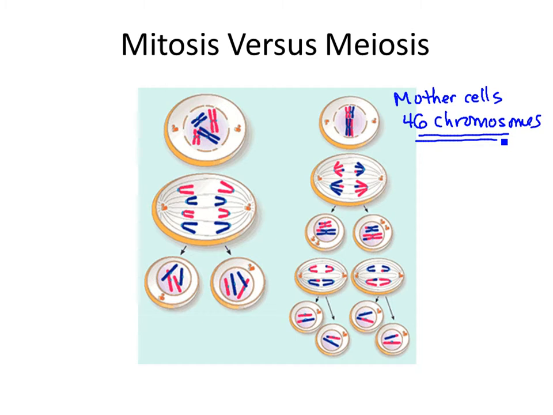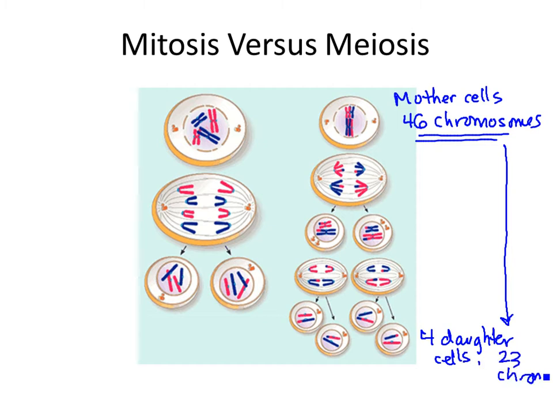And you're going to end up with, there's 2 phases, but at the very end of the process, you're going to end up with 4 daughter cells, each of which has 23 chromosomes at the end. So this is meiosis over here on this left-hand side of the slide, or the diagram.